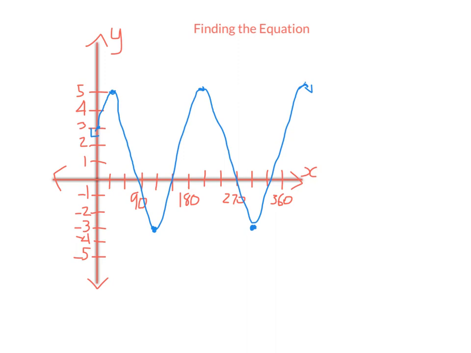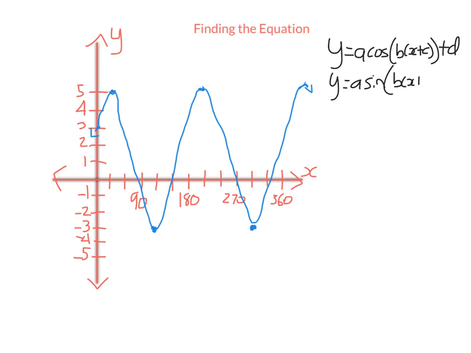So regardless of whether it's a sine graph or a cosine graph yet, I know it's going to be of the form y equals a cos of b outside of x plus c plus d, or it's going to be y equals a sine outside of b, x plus c plus d.